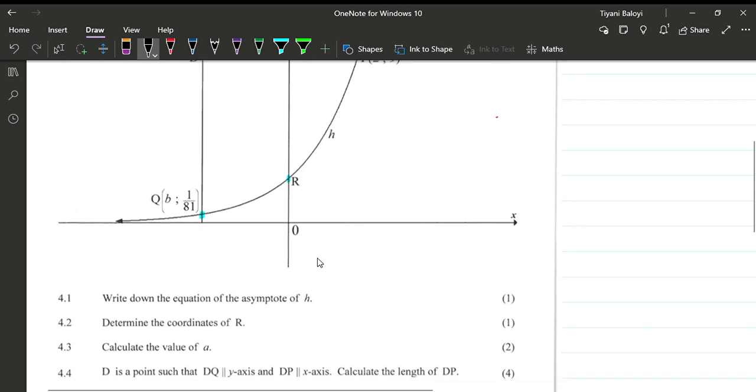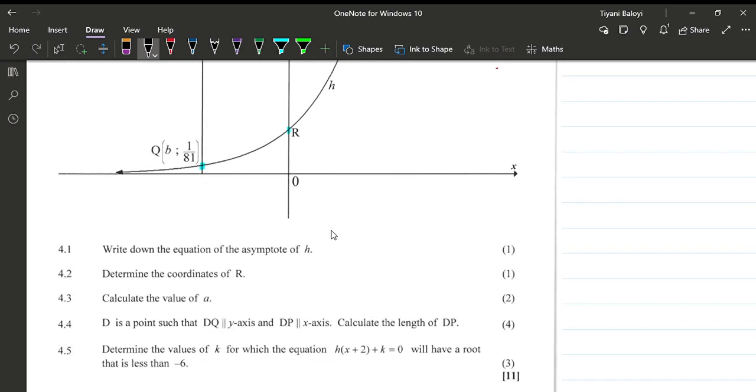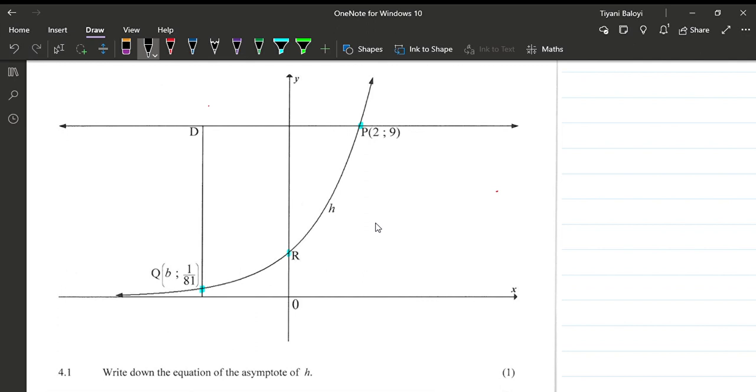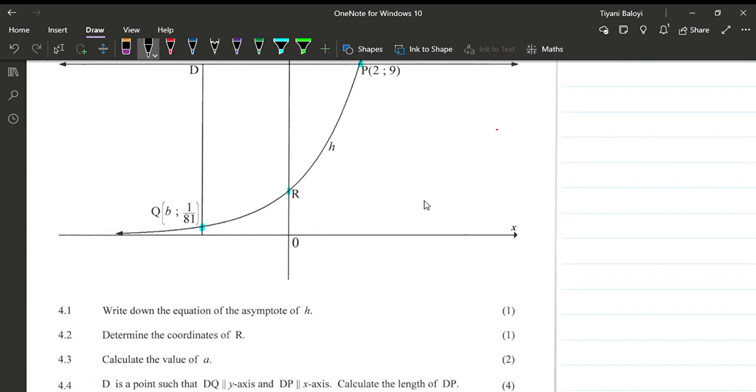So the first question says, write down the equation of the asymptote of h. So the asymptote, let me just give you a brief explanation. When you look at your graph, for example, our graph is something like this. You can read the asymptote by looking at the graph or using the second method, I'll show you how.